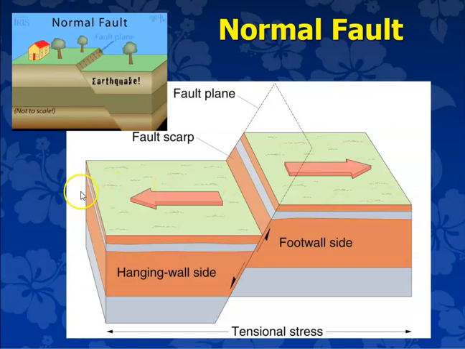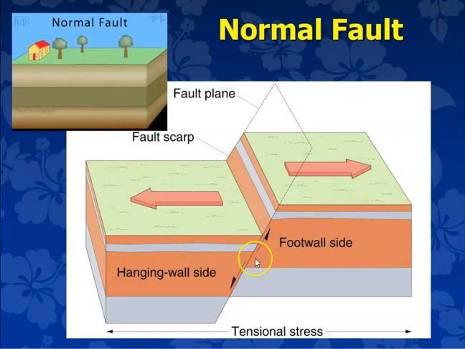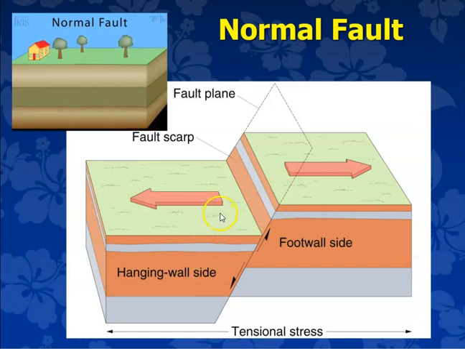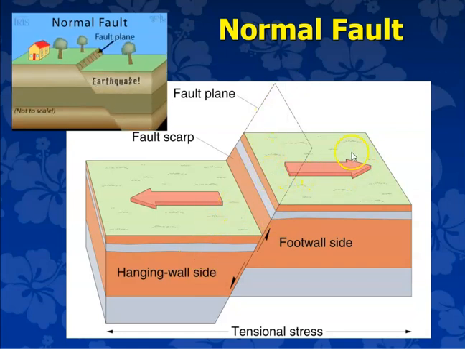So as these move away from each other, by sliding down this slope, that's the fault plane, it makes the two pieces a little bit farther apart. Now, if you were to look at this from above, you would see this green patch, but this would also be exposed. So that would tell you that these things have moved away from each other. So a normal fault, it's tensional stress where they're moving away from each other.